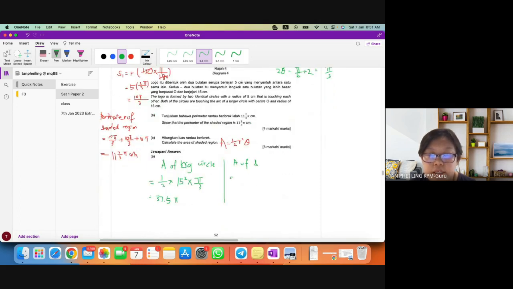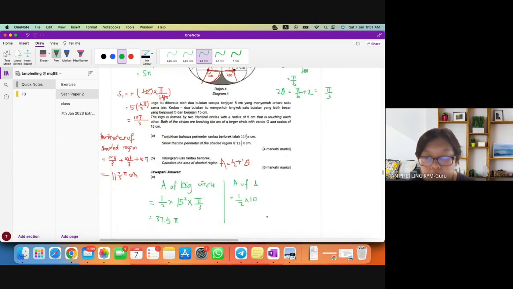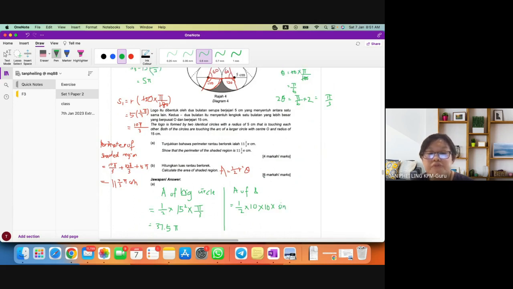So half times our radius we have, right, which is 10, R square, yeah. So we can times 10 times 10. Okay, half times AB sine C. Use the triangle formula from the solution of triangle.